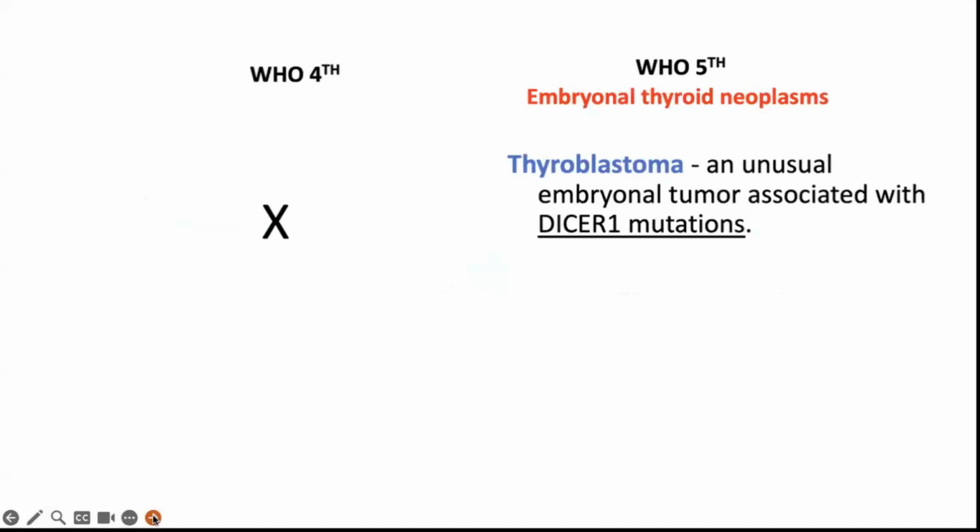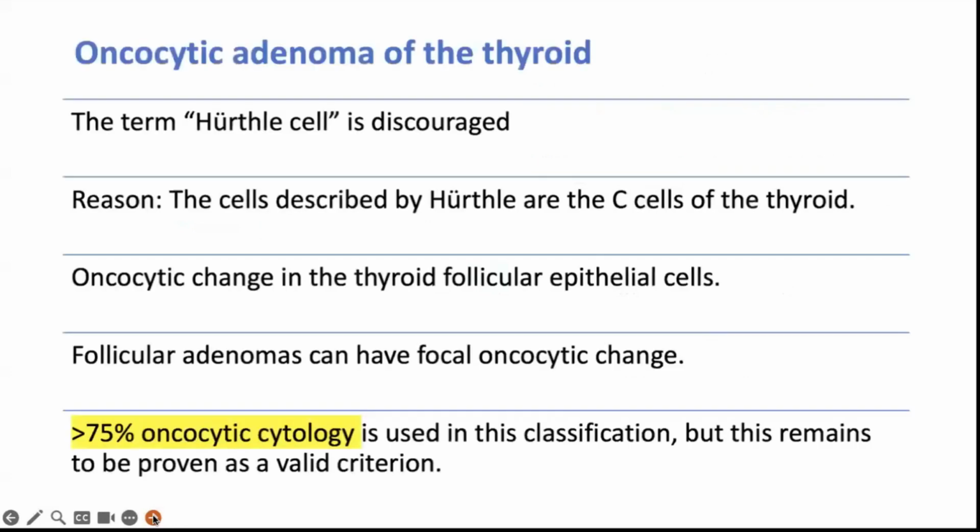So this is a new entity in the WHO fifth classification, thyroblastoma, which comes under embryonal thyroid neoplasms, an unusual embryonal tumor associated with DICER1 mutations. So oncocytic adenoma of the thyroid: the term Hürthle cell is now discouraged, the reason being that these cells were originally described by Hürthle and were actually meant to be for C cells of the thyroid.